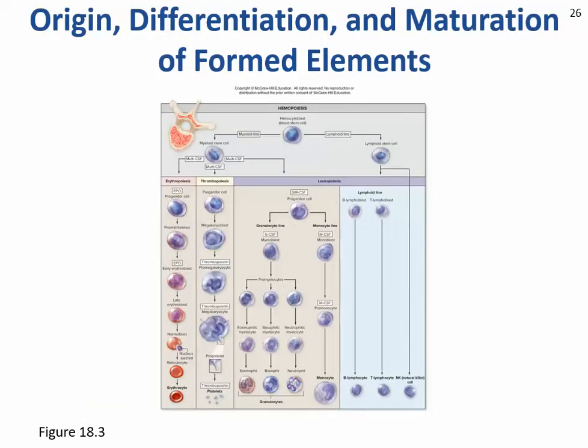So if we look at this as an overview, the hemocytoblast here differentiates into the myeloid or the lymphoid stem cells, depending on the stimulating factors, whatever is needed. The lymphoid stem cells differentiate and they become either natural killer cells, T lymphocytes, or B lymphocytes through these lymphoblasts.